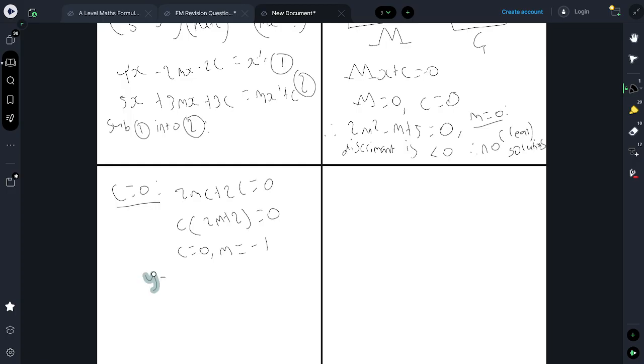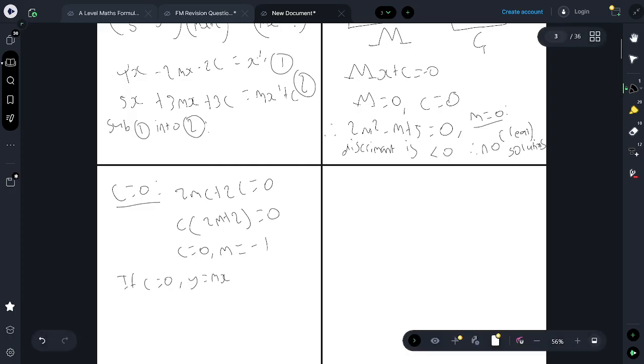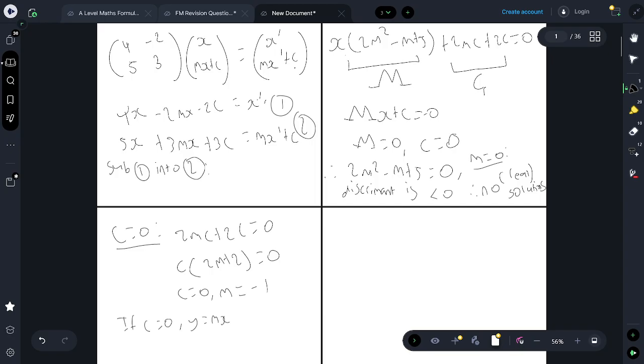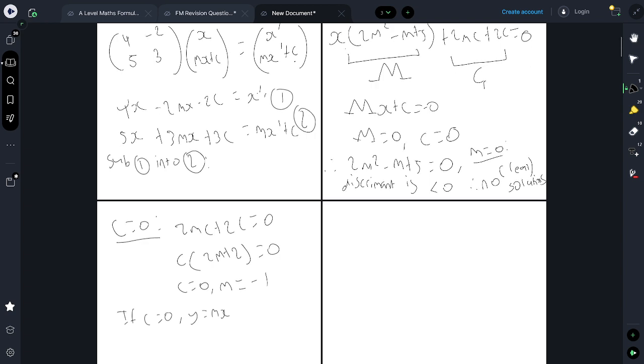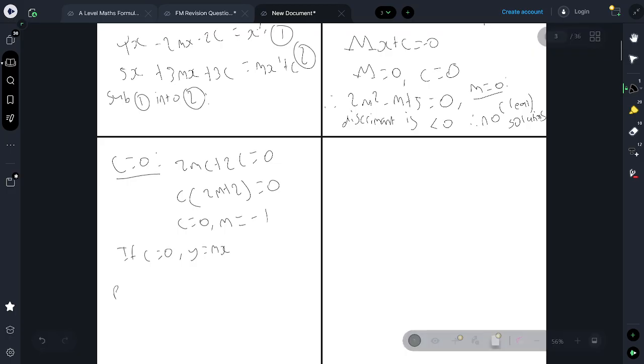So if c is 0, why would it have to be mx for some gradient m? But actually, look here, this has to be fulfilled as well. m has to be 0 here as well for this equation to hold true for any x. But we can't have any value of m.